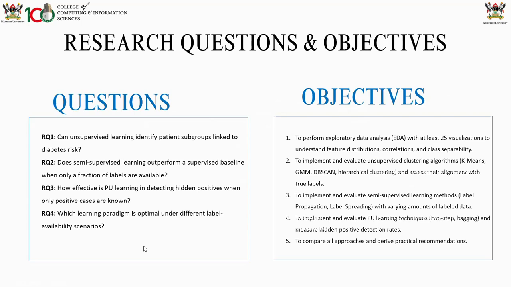Then 2, we also want to find out if semi-supervised learning outperforms our supervised baseline when only a fraction of labels are available. We also want to find how effective PU learning is in detecting hidden positives when only positive cases are known. Then lastly, we want to find out which paradigm is optimal under the different label availability scenarios that we have already looked at.